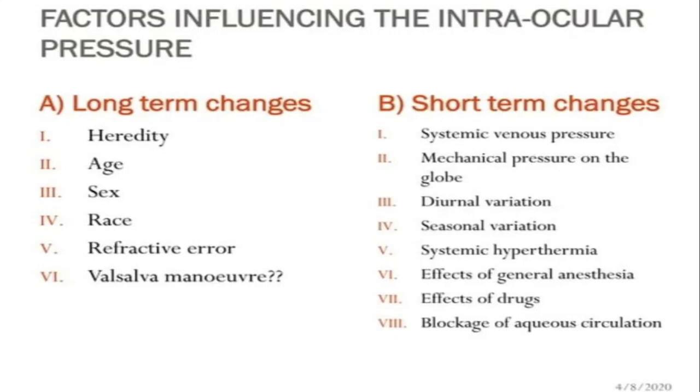Number 2, genetics. Family history of glaucoma and high IOP can increase an individual's risk of developing the condition. Number 3, ethnicity. Some ethnic groups such as African Americans have a high prevalence of glaucoma and elevated IOP.